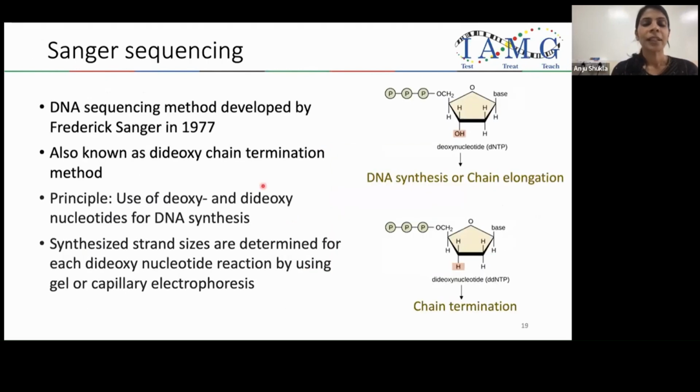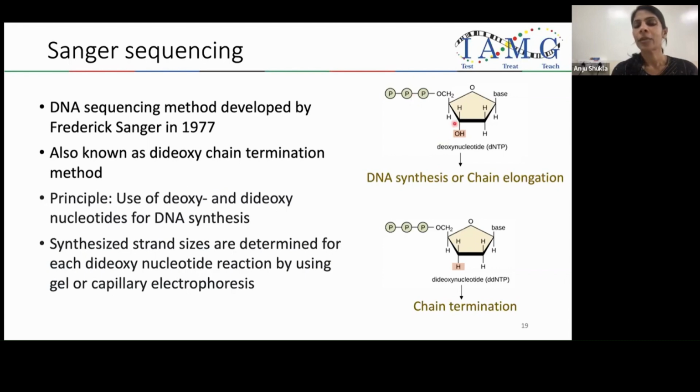The next technique that we are going to talk about today is Sanger sequencing. The Sanger sequencing method was developed by Frederick Sanger, after whom it is named, back in 1977. This is also known as the di-deoxy chain termination method because it uses the principle of deoxy and di-deoxy nucleotides for DNA synthesis. Here we can see that this is a ribose sugar, and this is a phosphate group attached to it.